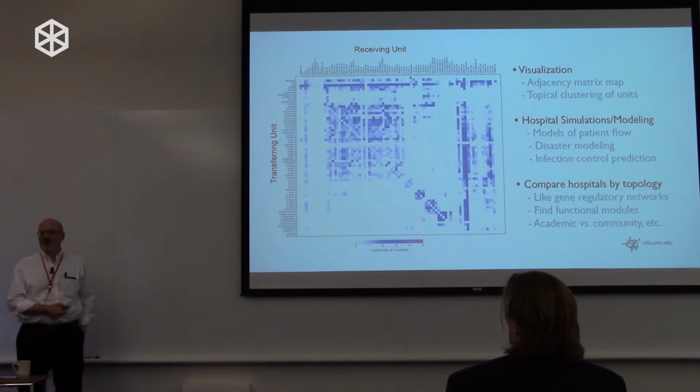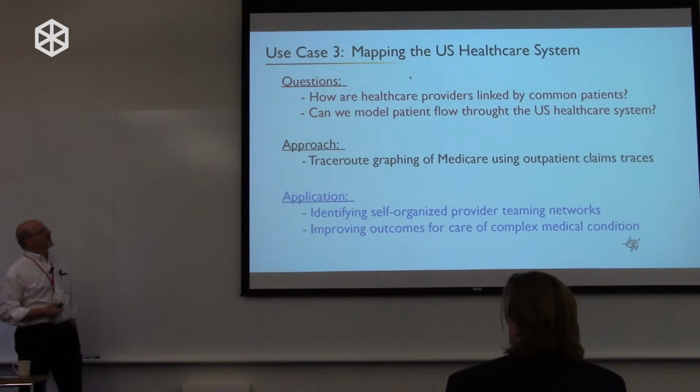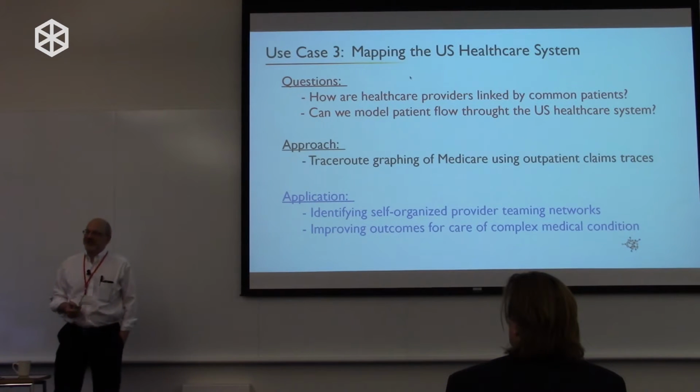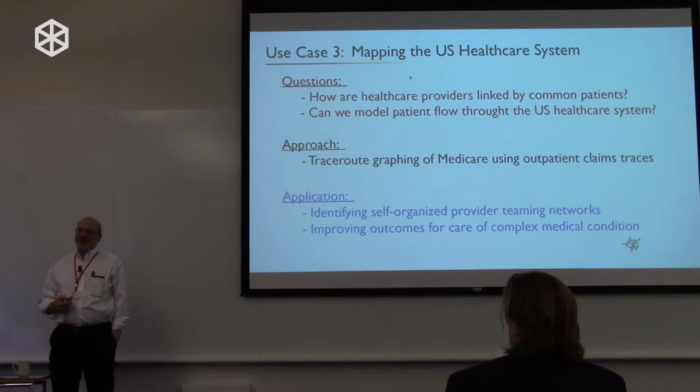Now, this is not a very large graph, but it occurred to us that we could trace route map the healthcare system of the entire country, at least the government-funded portion, which is Medicare.